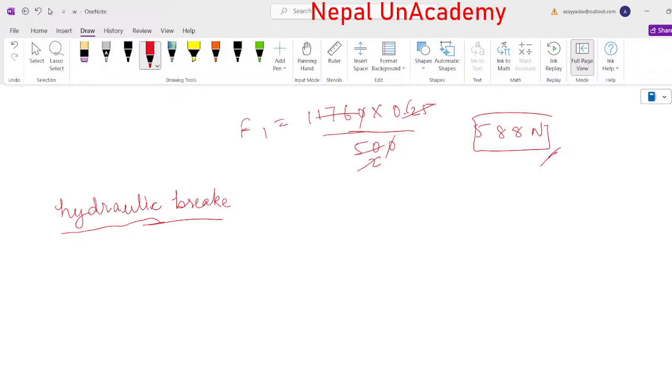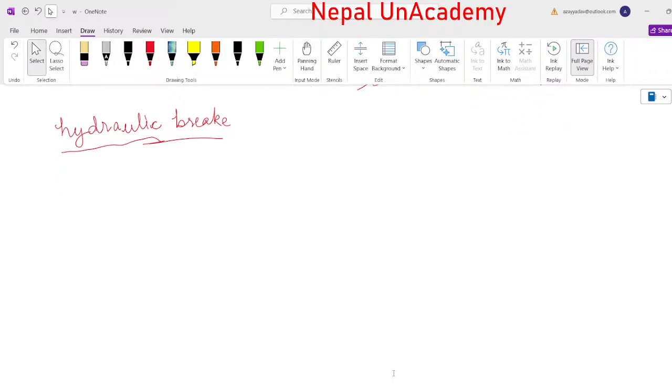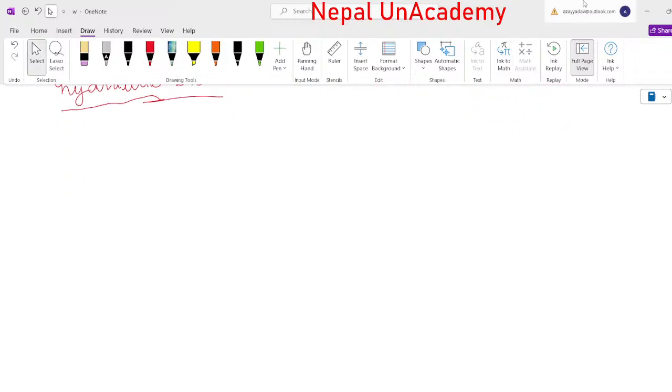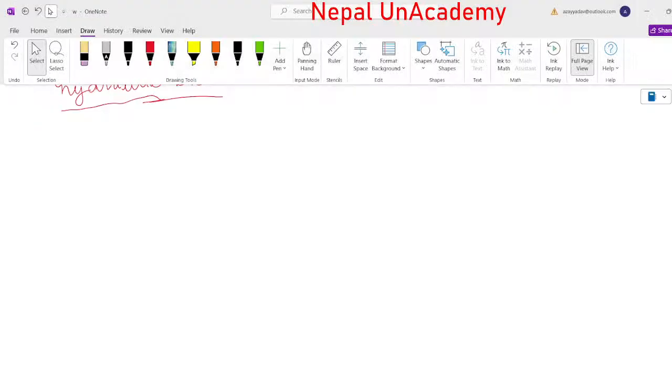So please let me add the picture first for better visualization, then we will see the observation. So this is the picture. Let me copy paste it in the notebook. Let me expand it.